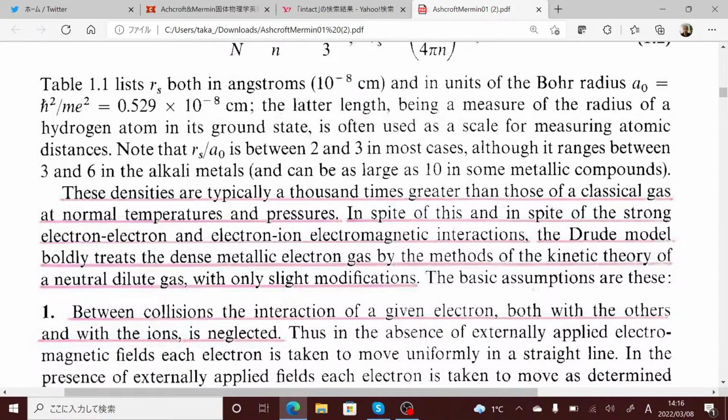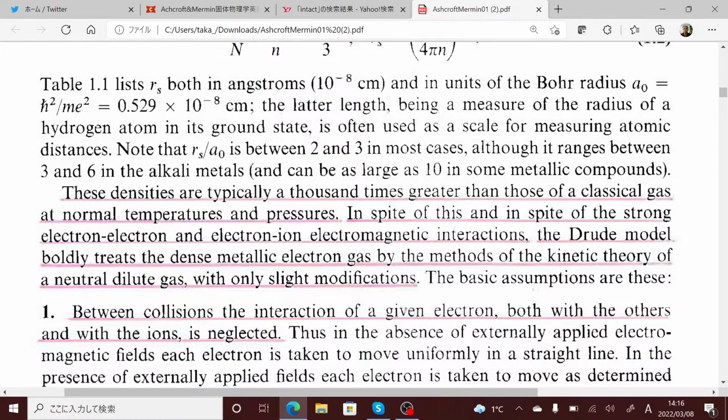These densities are typically 1,000 times greater than those of a classical gas at normal temperatures and pressures.